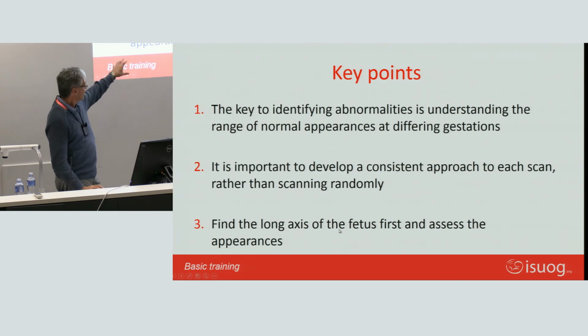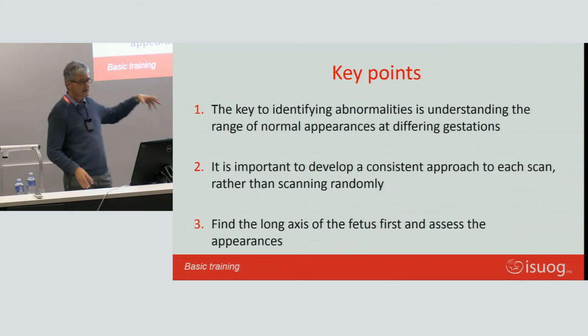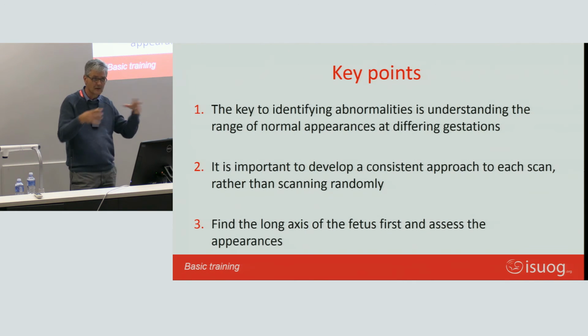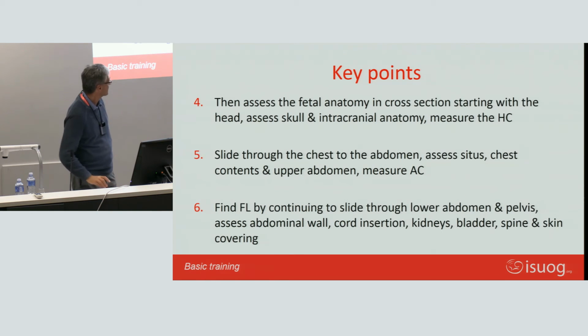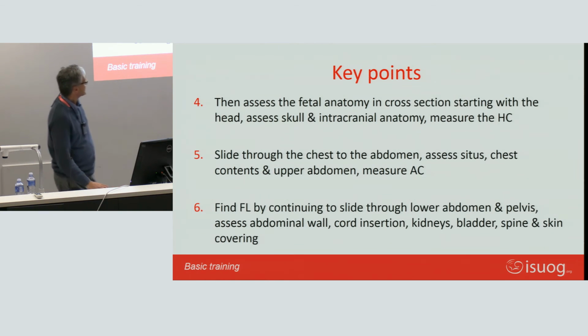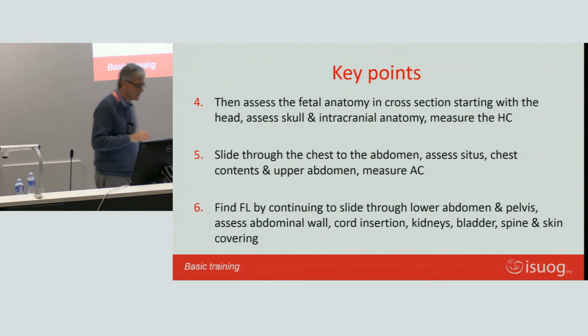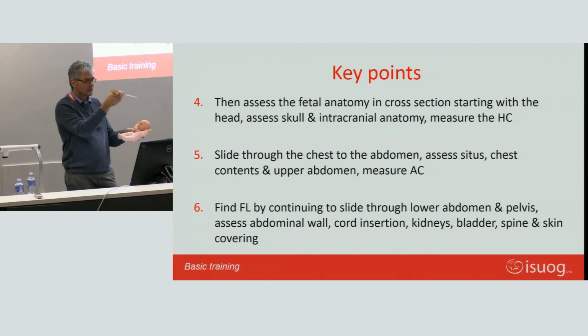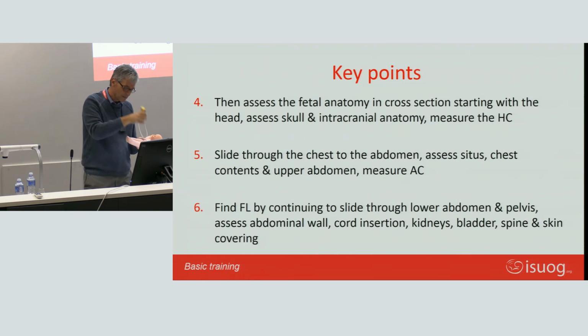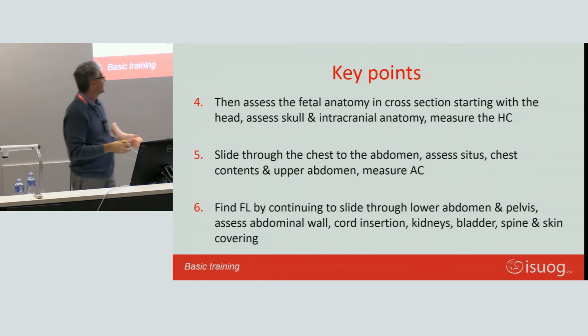Then find the long axis of the fetus and assess the appearances. In other words, you figure out how this baby is lying and then work through it systematically. Once you've found the longitudinal axis of the baby, most of what we've been teaching you is going through the fetus on axial view: head, neck, heart, stomach, kidneys, umbilical insertion, bladder.